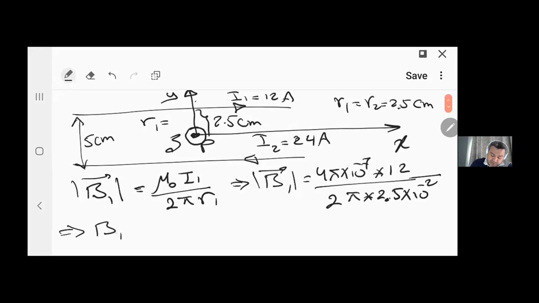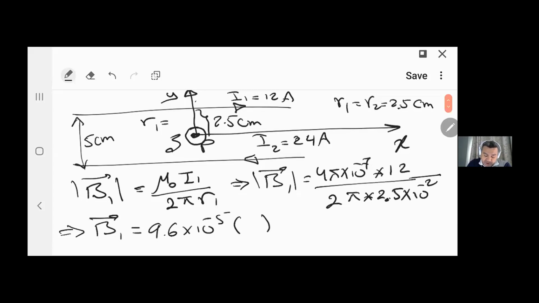which means B1 is 9.6 10 to the power minus 5. And the direction now.